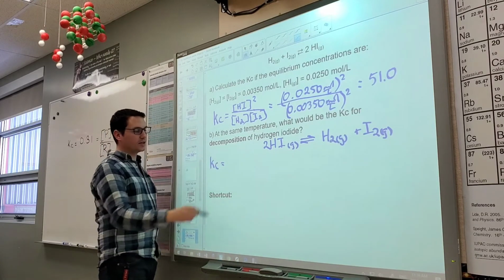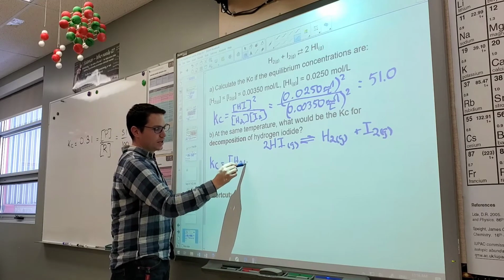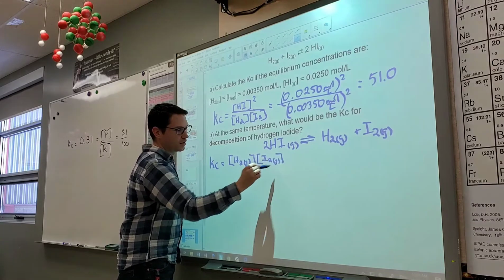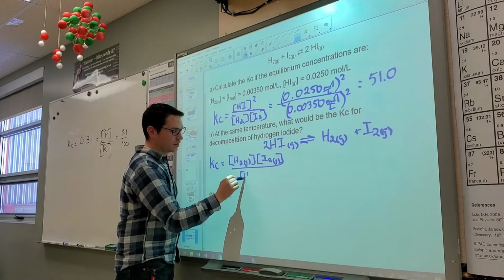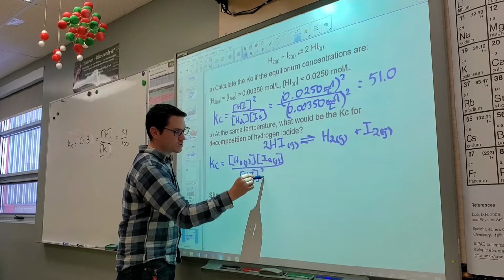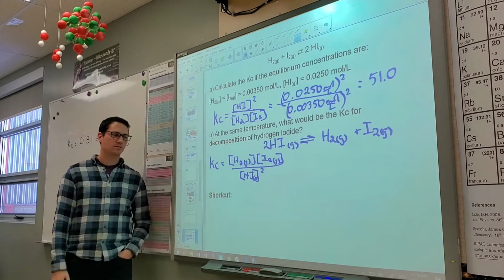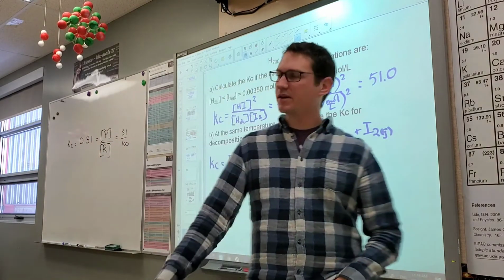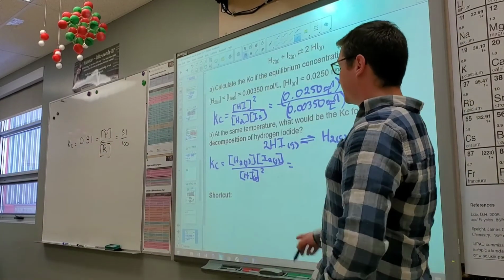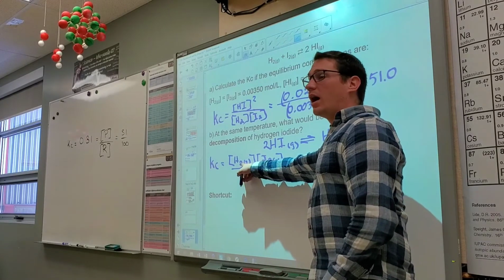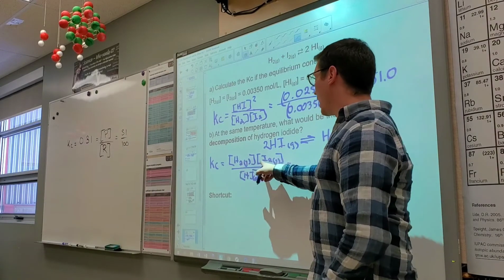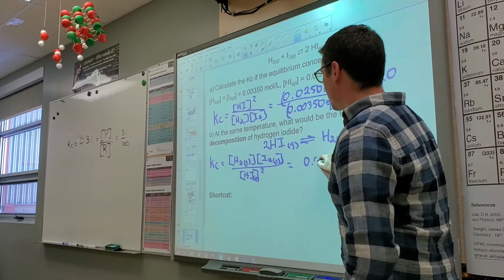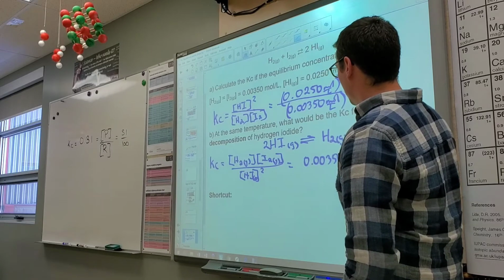The Kc for here is going to be H2 gas times I2 gas over HI squared. Let's work out what that is. Hydrogen gas and iodine gas have the same concentration at equilibrium, 0.00350 moles per liter.